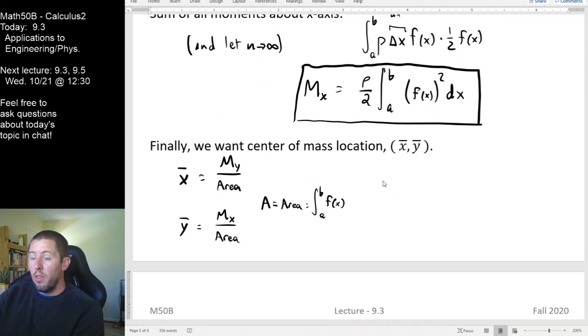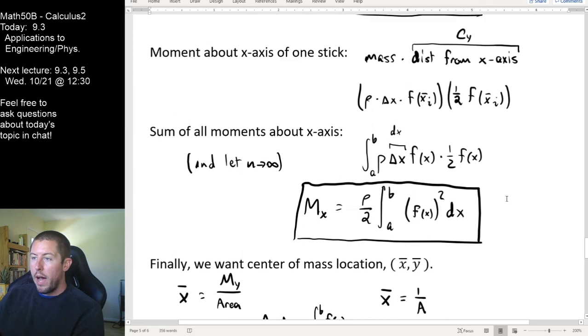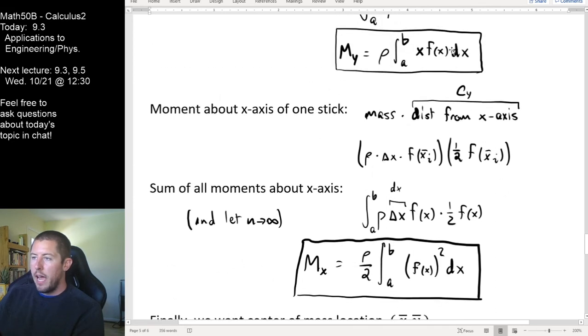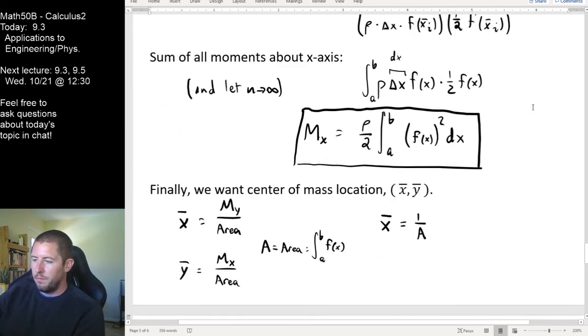And so in total then, it's typically phrased as x bar equals 1 over A of, and x bar is associated with our m sub y. So that's this guy up here. It's the x f of x version.